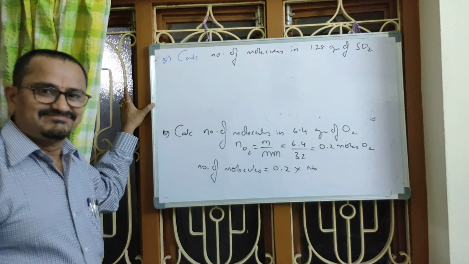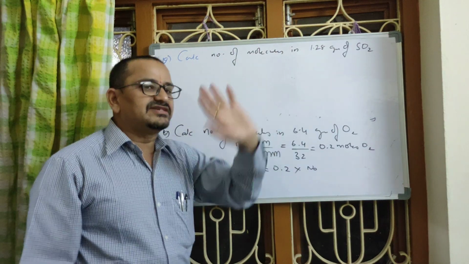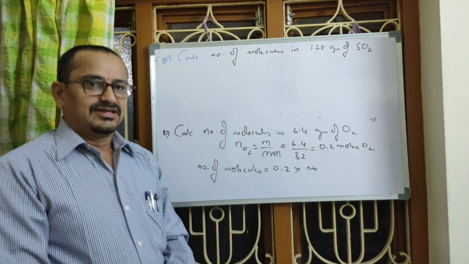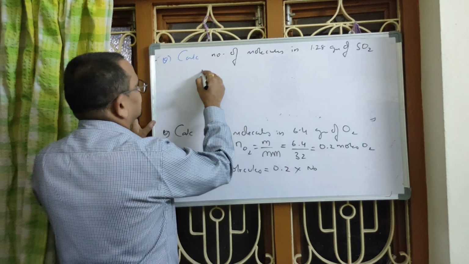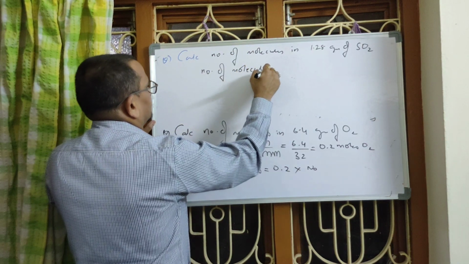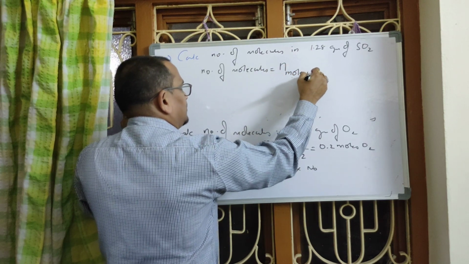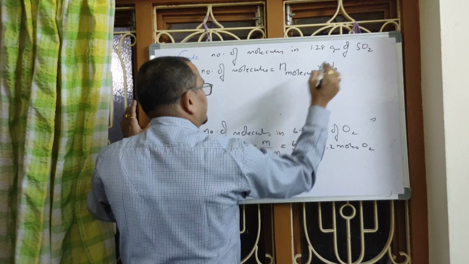You try this. Calculate number of molecules in 1.28 grams of SO2 molecule. What's the relation to find number of molecules? Number of molecules is equal to number of moles of molecule into Avogadro number.